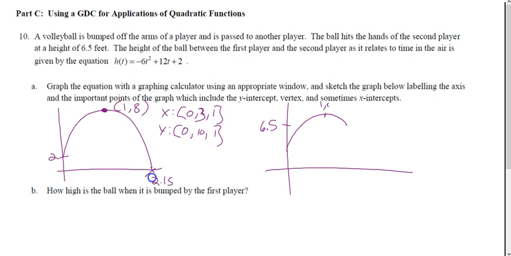Okay, so that's 1/8, that's 2, and that is something, comma, 6.5. So this is actually what the ball is doing, right? It's bumped, it goes up, it comes back down. This is where the second player gets their hands on it. At that point, it doesn't do this, right? It's not falling to the ground. It's going to be stopped and probably set or whatever. Anyway. How high is it when it's bumped by the first player?